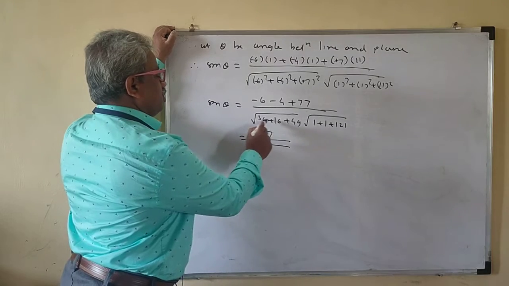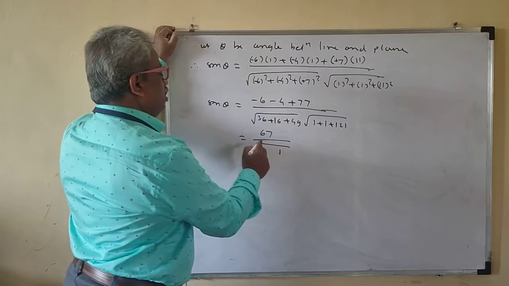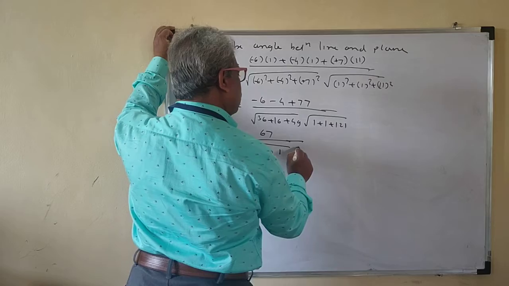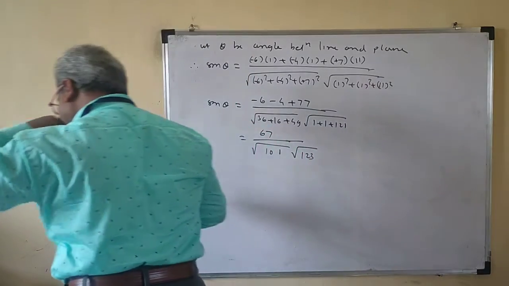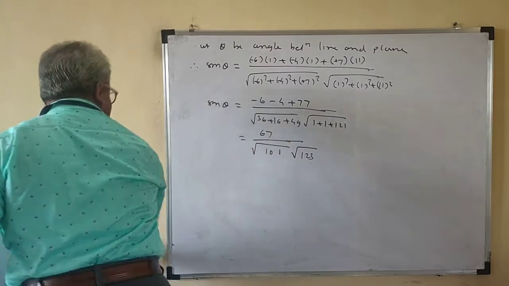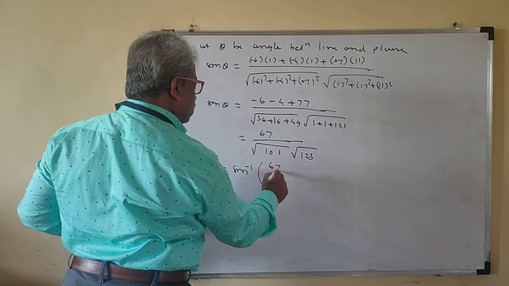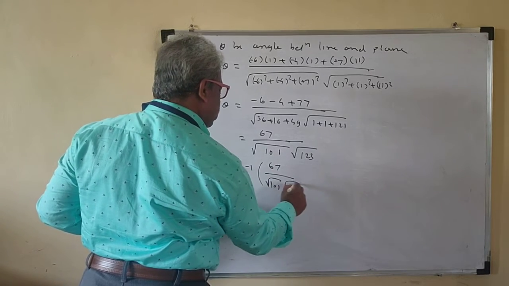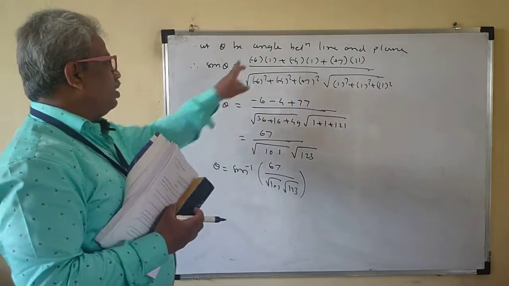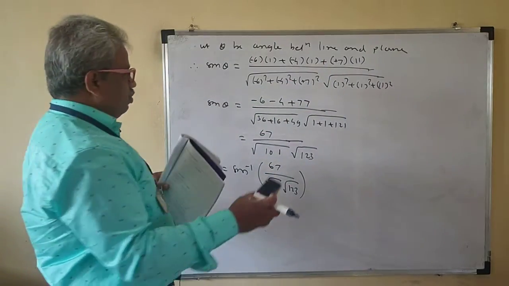So this is sin theta. So theta is equal to, you have the angle, 67 upon root of 101 into 123. If you don't want to write minus minus, this will then be minus 67 upon this one. No problem, you can write this.